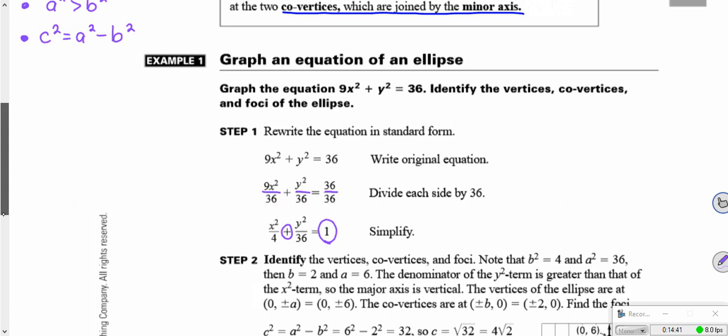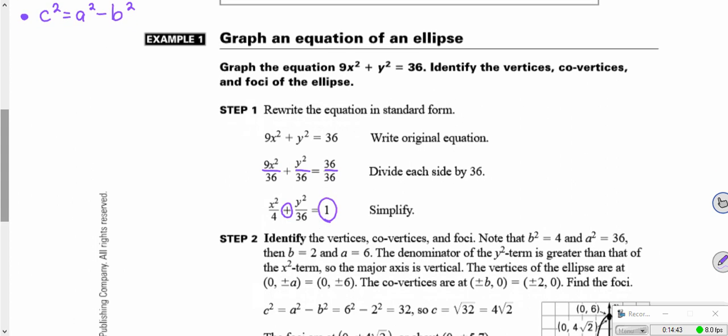Well, the first thing that jumps out at me is that this has to be my a squared because it's bigger than this, so that has to be my b squared. Since the a squared is under y squared, the y-axis is the major axis.